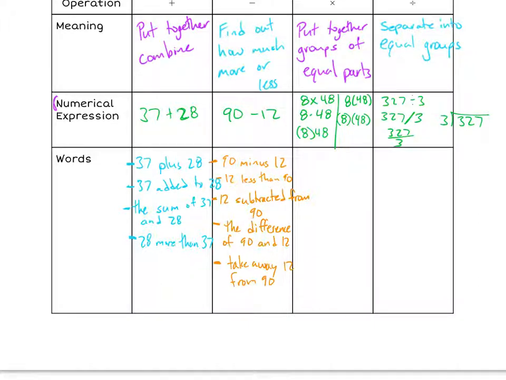What about multiplication? 8 times 48. Good. 8 multiplied by 48.